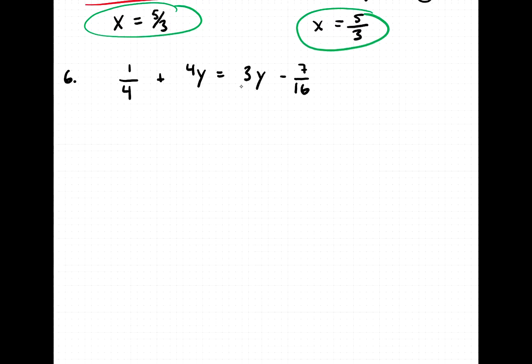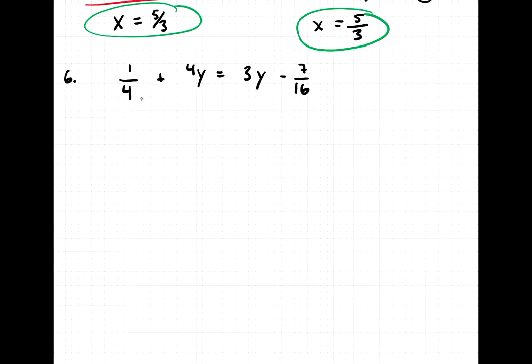And so our goal is to, again, eventually go through a sequence of steps and end up with y equals some number. To do that, the general approach is get all of your variables to one side and all of your numbers to the other.